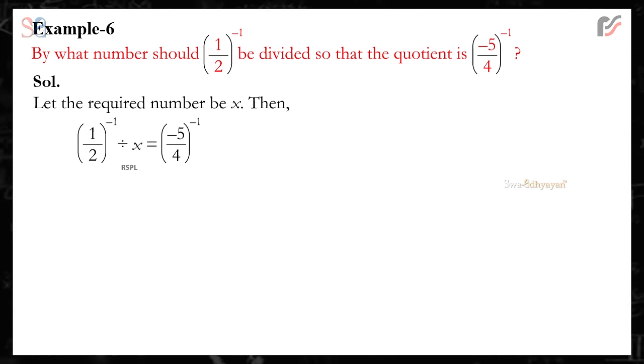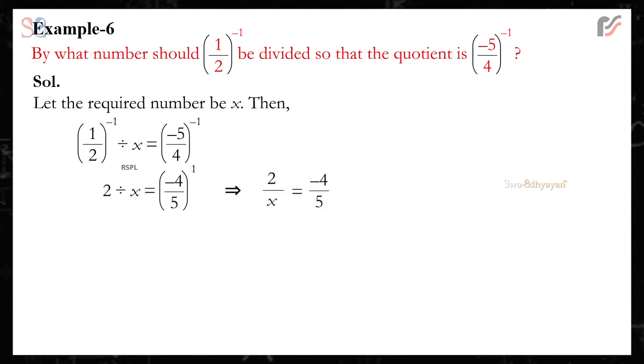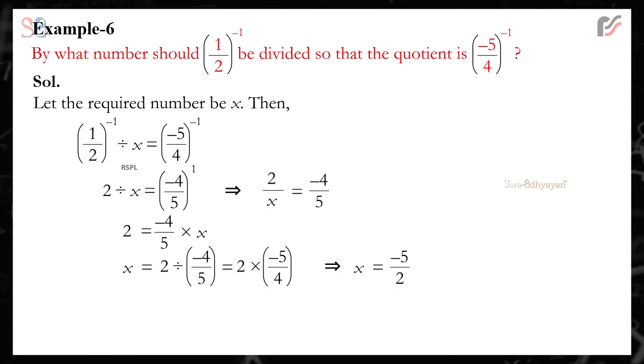Then (1/2)^(-1) divided by x is equal to (-5/4)^(-1). 2 divided by x is equal to (-4/5)^1, which implies 2/x is equal to -4/5. 2 is equal to -4/5 × x. x is equal to 2 divided by (-4/5), which is equal to 2 multiplied by -5/4. This implies that x is equal to -5/2.